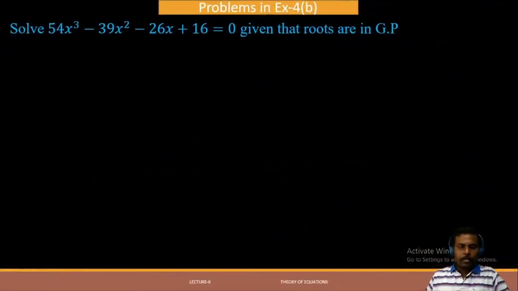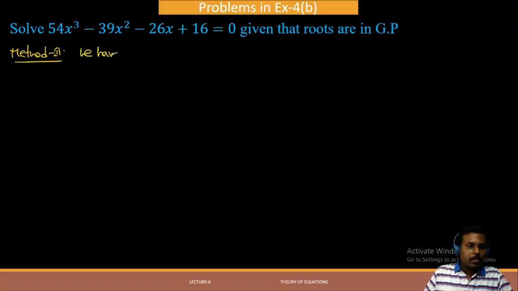Let us solve the problem in method 2. So in method 2, we have got the value of a is equal to minus 2 by 3.